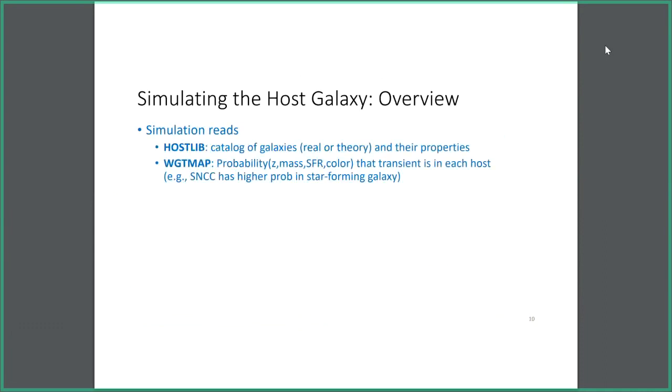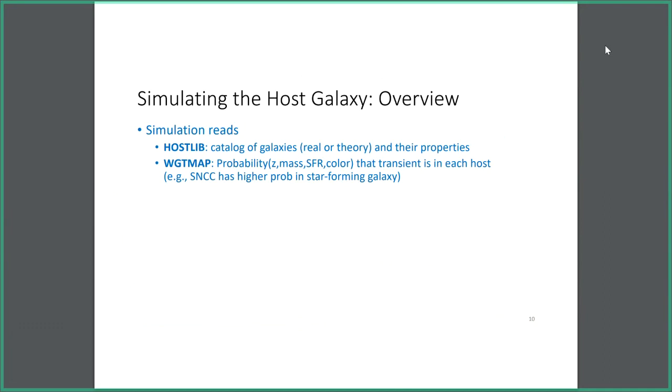Okay, next slide. Now I want to move on to some simulations, and how the simulation works a little bit. For simulating the host galaxy, the basic idea is it reads a host library, which is a catalog of galaxies, either real or theoretical, and their properties. There's also a weight map, which gives the probability, as a function of those properties, that the transient resides in each host.